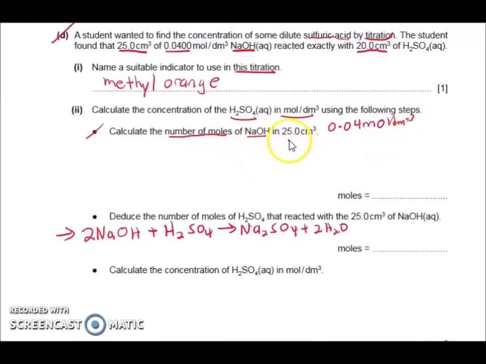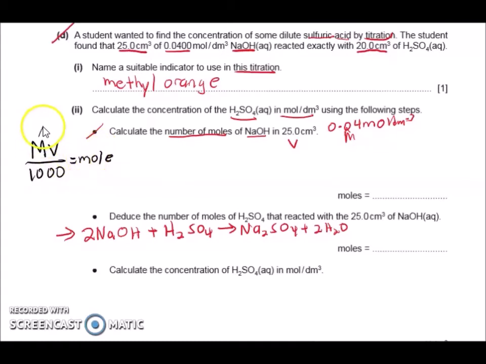So we have this volume and also this molarity. So there is a formula to calculate this. We can use MV divided by 1000 to find the mole.